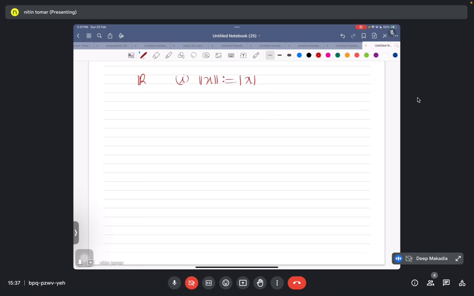A norm is a function from Rn to R such that norm x is always positive. Second, norm x is 0 if and only if x is 0.